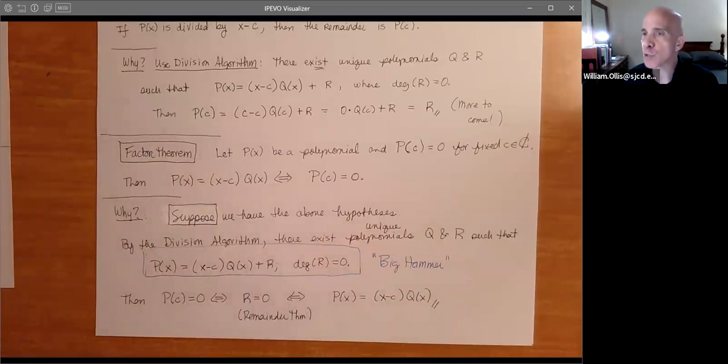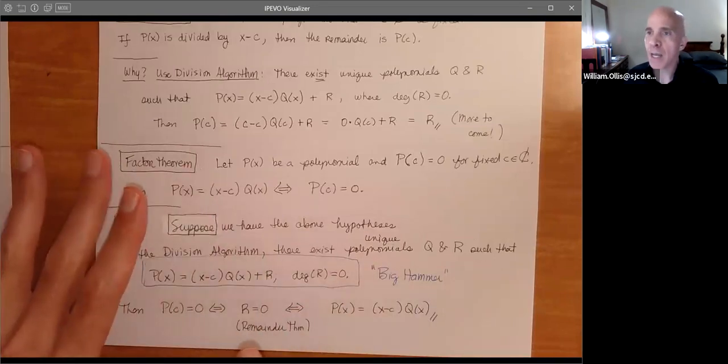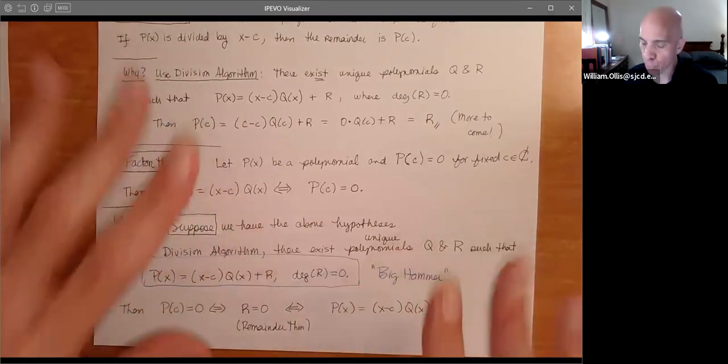I mean, the ideas are simple as long as you have the so-called big hammer, which is the division algorithm. That is, we can divide a polynomial by a polynomial. So I don't want you to think that this is difficult because it isn't. The actual execution of the proof of the division algorithm is a little bit more subtle, that takes a little bit more maturity to go through.